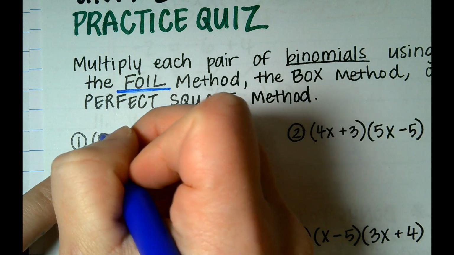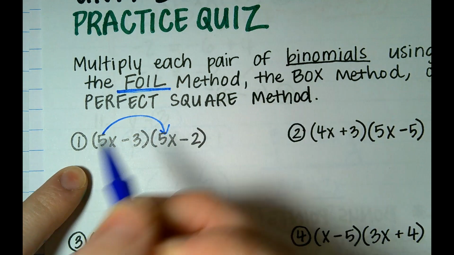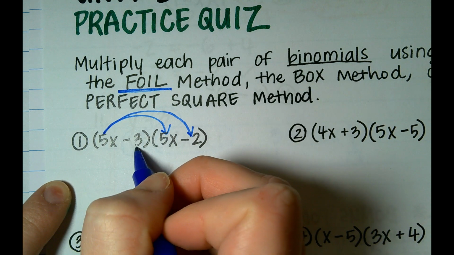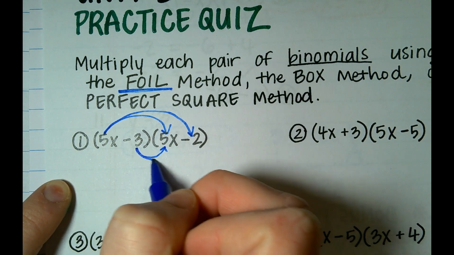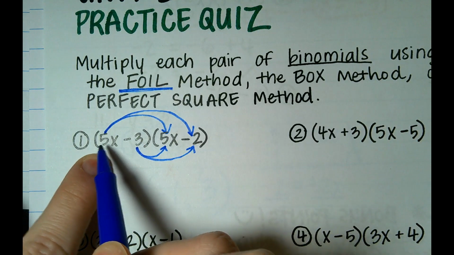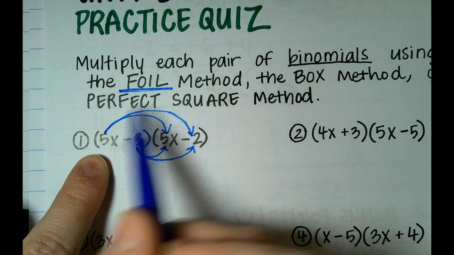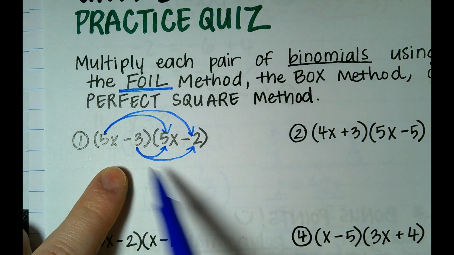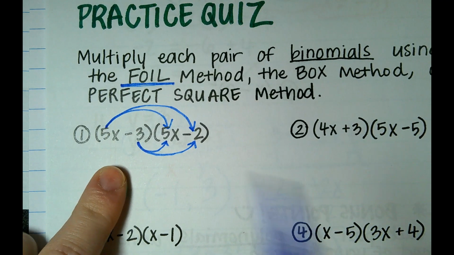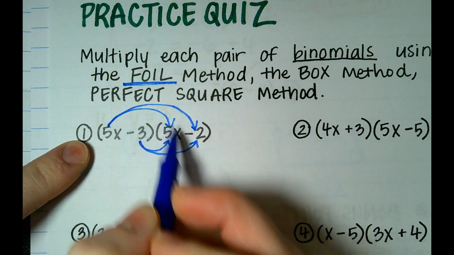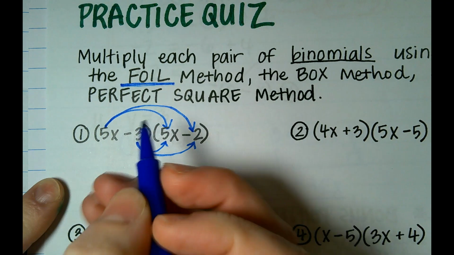My F is first two terms, my outer two terms, my inner two terms, and my last terms. Good. So we're distributing 5x times 5x, 5x times -2, -3 times 5x, and -3 times -2. There's our FOIL method.